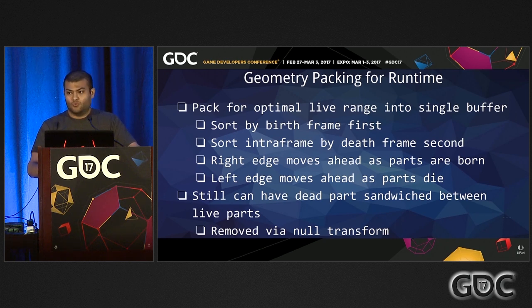And you want to pack this into one big buffer. We were specifically shipping just on the Xbox One, so we really wanted to optimize for the minimum number of allocations and pack the data together and offset into the buffer when actually binding it. And also null transforms are important here in order to eliminate some of these transforms.